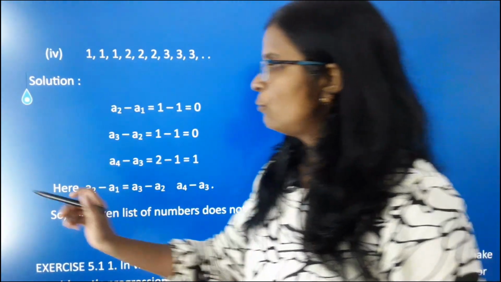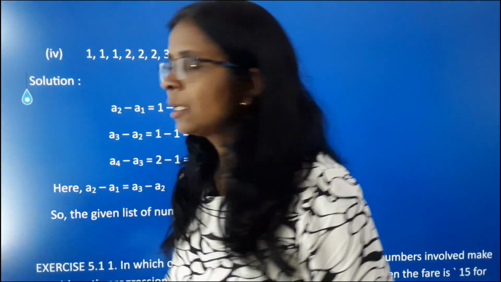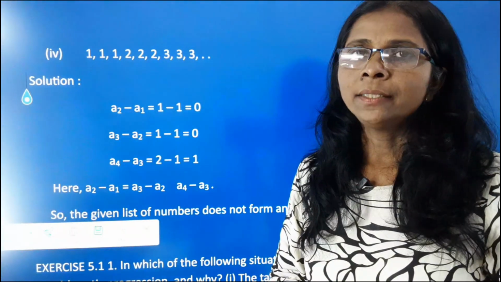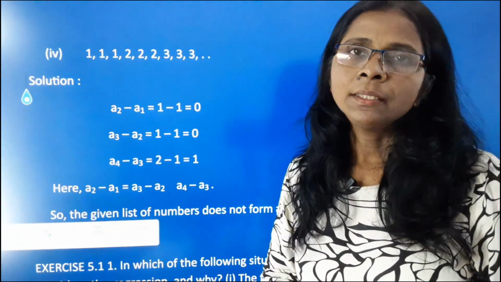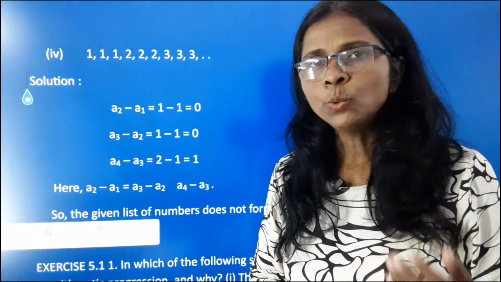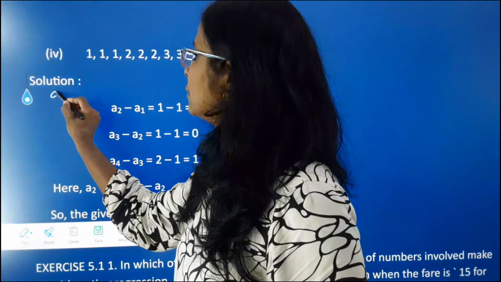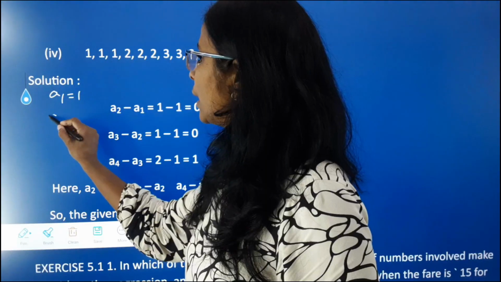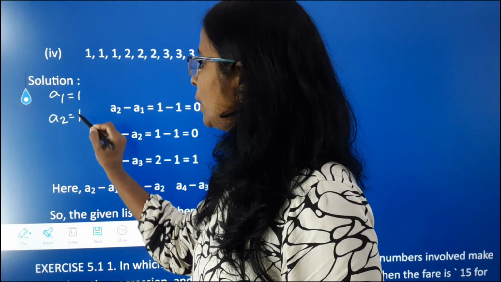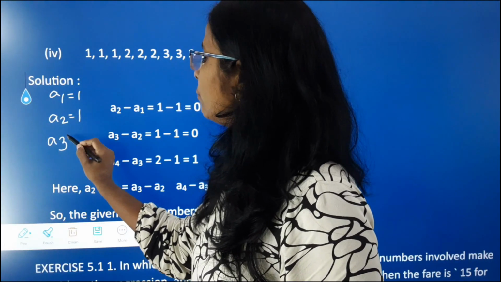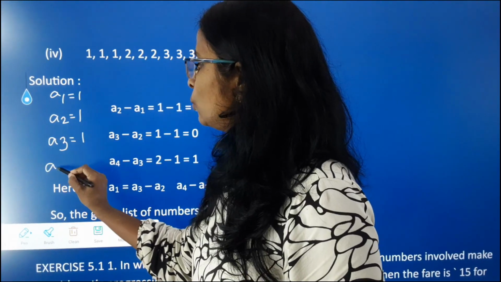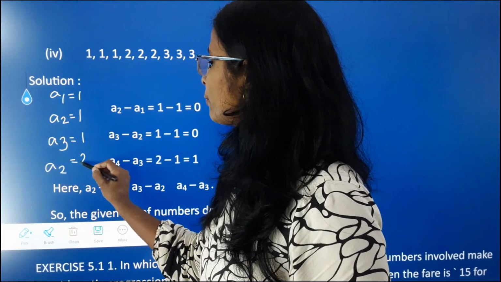Now here we have to find out whether it is an AP, and if it is an AP, then find out the next two terms. First write down the terms. a1 is equal to 1, a2 is equal to 1, a3 is equal to 1, a4 is equal to 2.